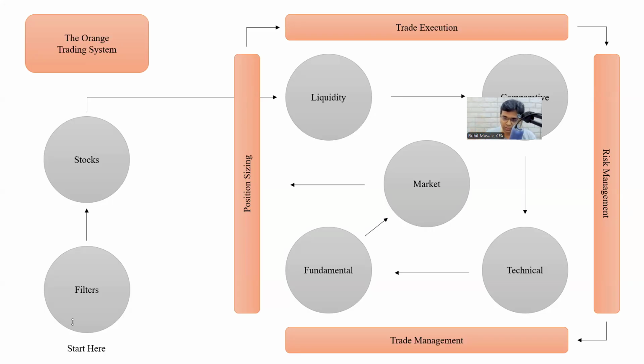Within stock selection, you've got something called technical analysis. In technical analysis, we look at price and volume. This video is about that technical analysis, which means this video is about stock selection, looking at a particular base and deciding whether that stock is really worth my time or not. Next slide.